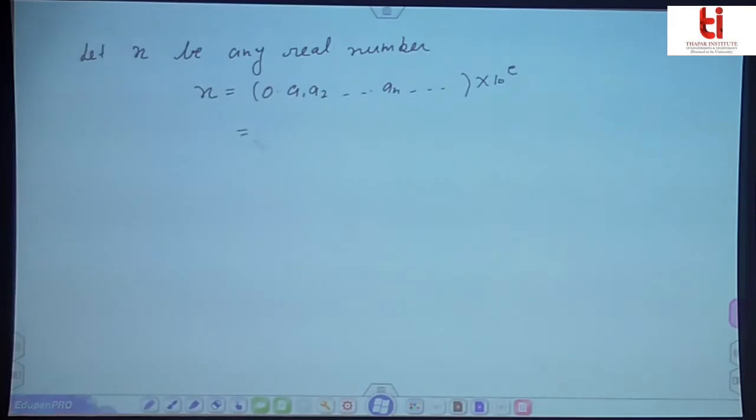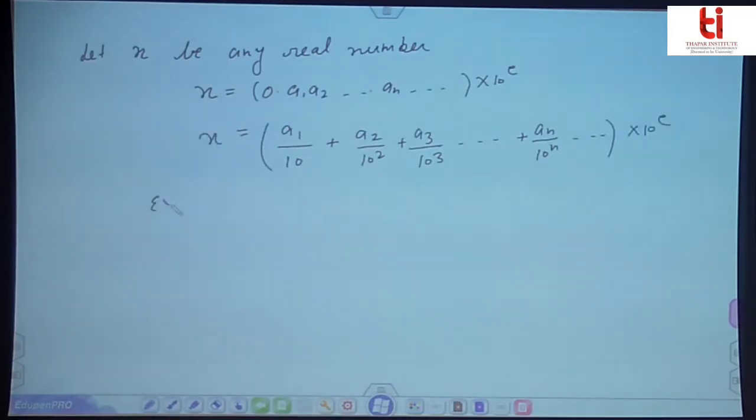We can write this number as a1 upon 10 plus a2 upon 10 square, plus a3 upon 10 cube and so on, plus an upon 10 raised to power n and so on, times 10 raised to power e.